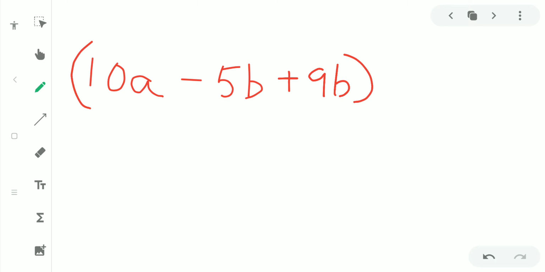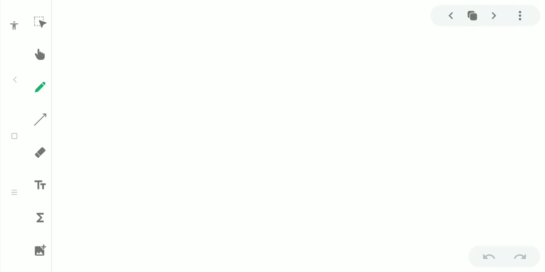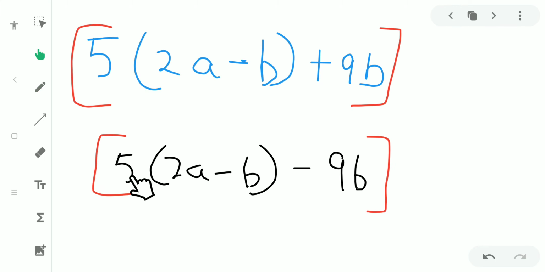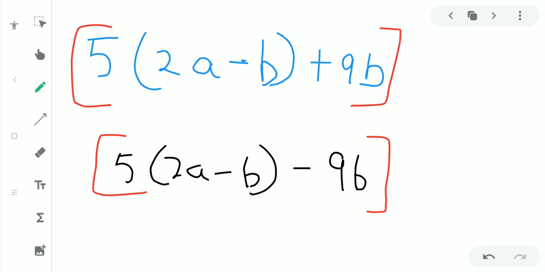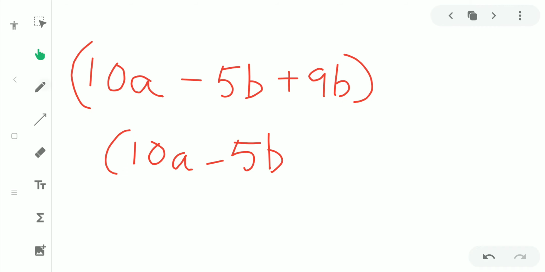We are having 5 times 2a minus b is same as 10a minus 5b, but now here we are having minus 9b.